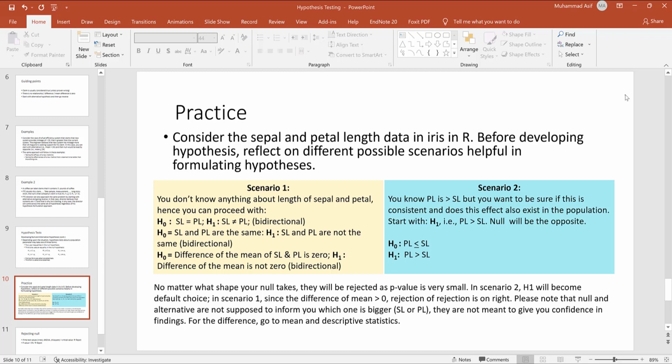So the researcher knows that petal length is greater than sepal length, but wants to be confident that this phenomenon exists in the population as well.